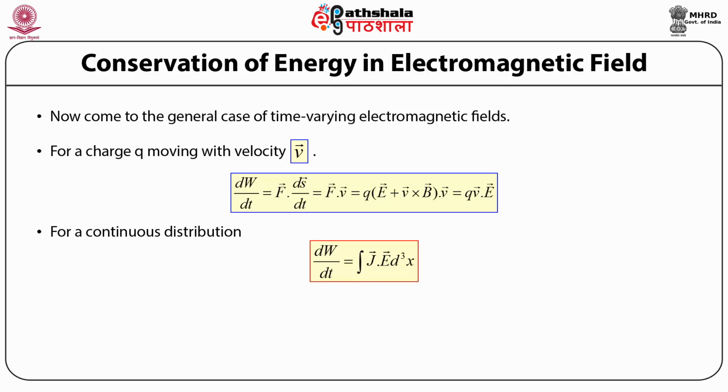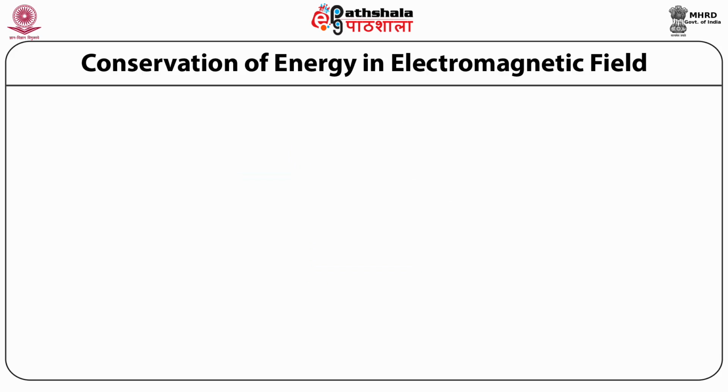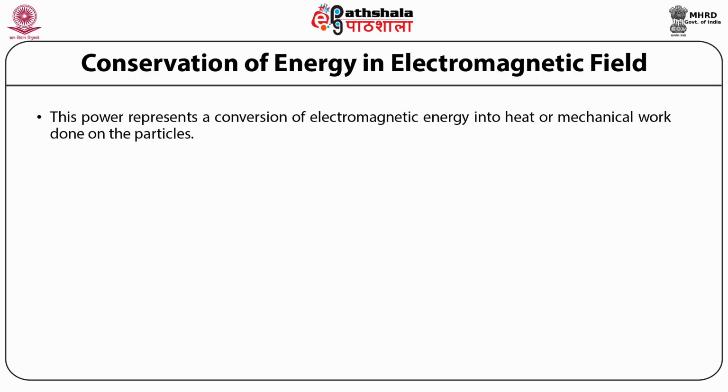Then, using the definition of a continuous distribution, that is, replacing the charge and the velocity vector with the current density vector, we can rewrite the time derivative of the work done as the volume integral over the volume element d cube x of the current density vector j dot the electric field vector E. This expression for the rate of work done, which is actually equal to the power, represents a conversion of electromagnetic energy into heat or mechanical work done on the charged particles.